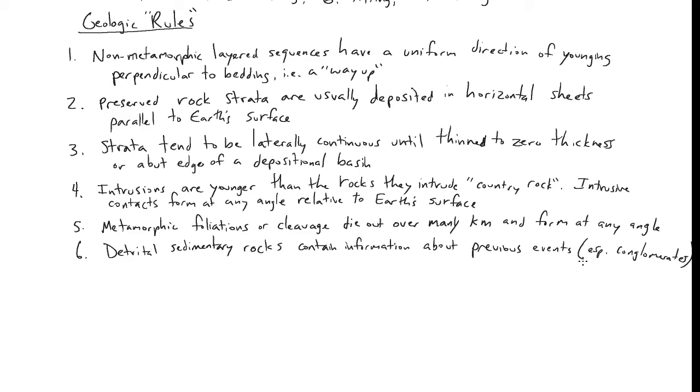So there was an eruption of a basalt, and then it was metamorphosed into an amphibolite, and then how did that get to the surface? So there must have been an erosion event, and then there was a deposition event where that stuff that was eroded was deposited to form the conglomerate we're looking at. So detrital sedimentary rocks are very useful.